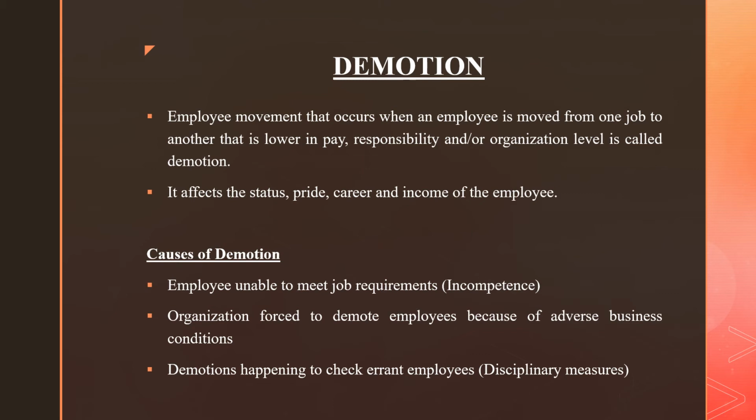Now, what are the causes of demotion? Why do demotions occur in the organization? The very first cause is that employees are unable to meet the job requirements. Incompetence means that most of the time, whenever a particular employee is assigned some kind of task, if he is unable to fulfill those requirements, then the organization doesn't have any option.